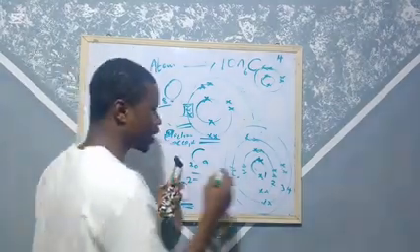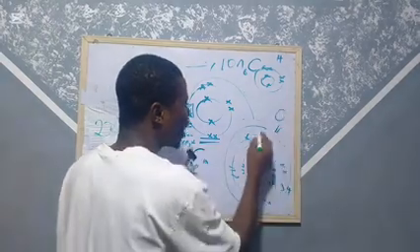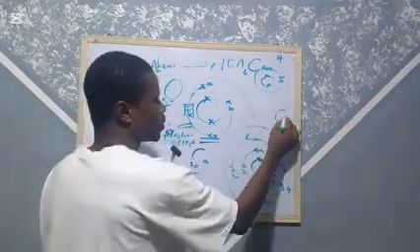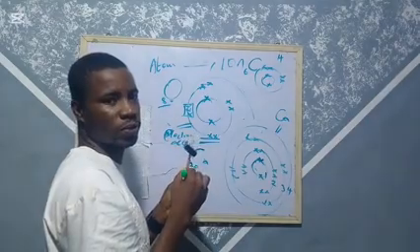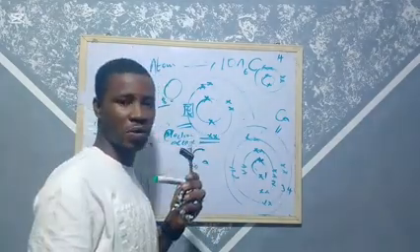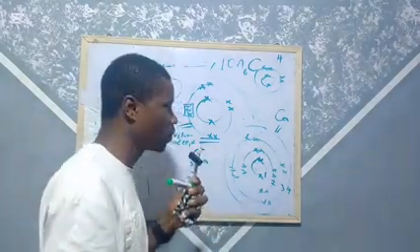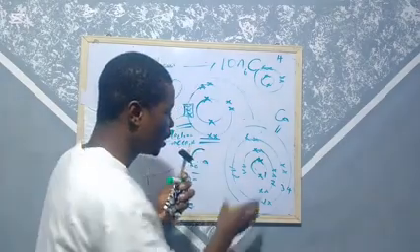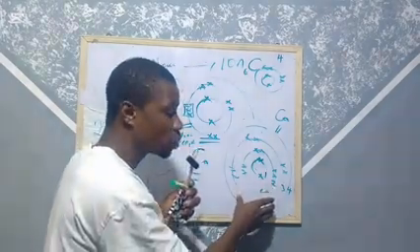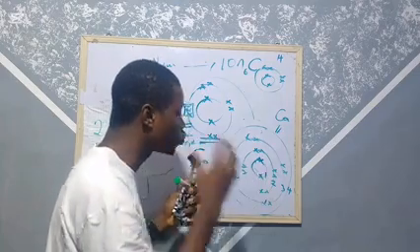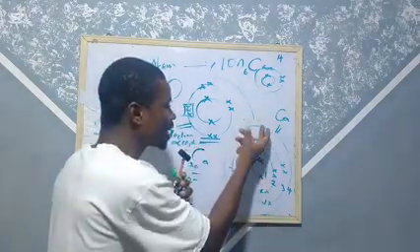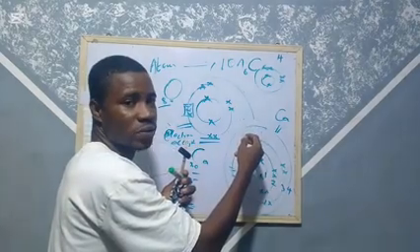While in the case of calcium, it has lost 2 electrons. Calcium has lost 2 electrons to become an ion. But in this case, it becomes what? A positive ion. Why is it a positive ion? Initially, the proton number of calcium is 20, but now it has lost 2 electrons.